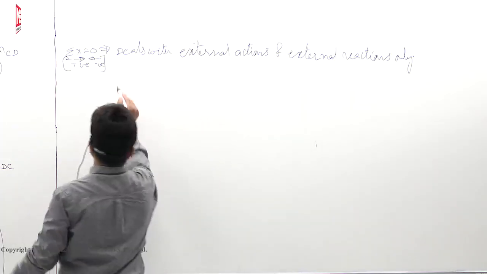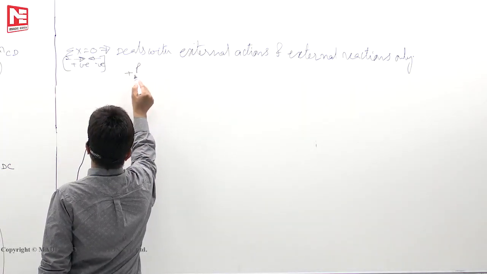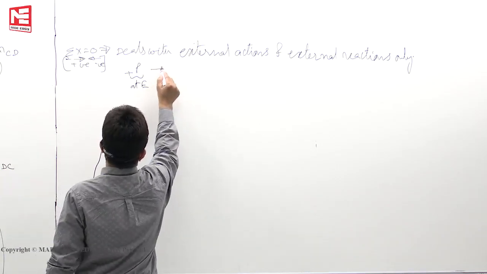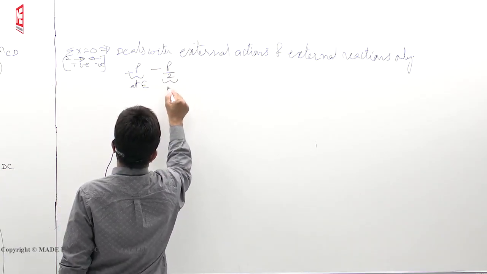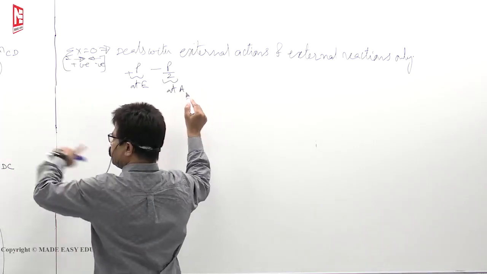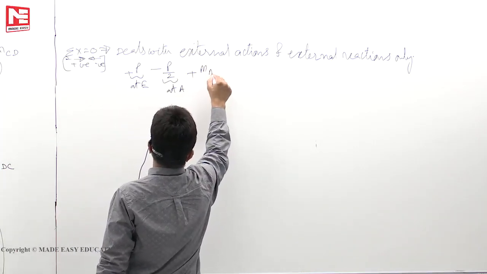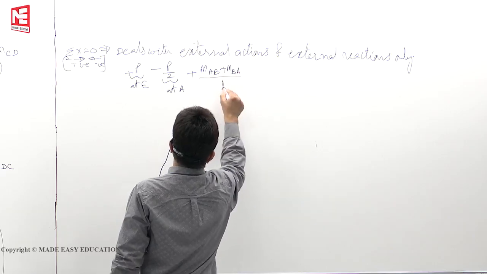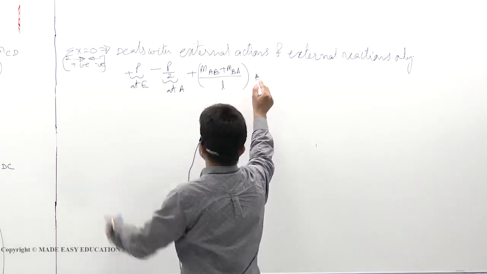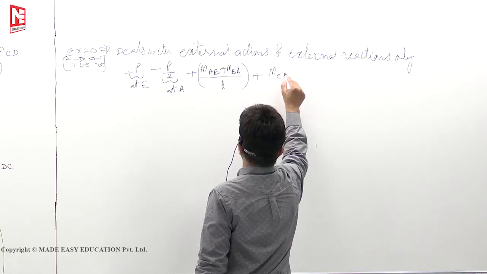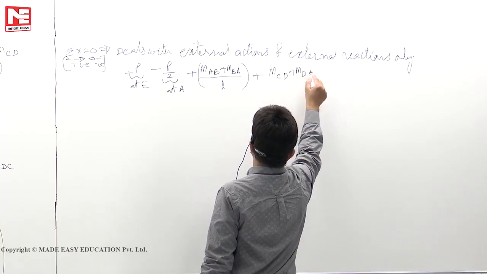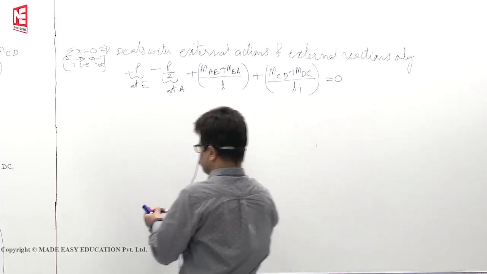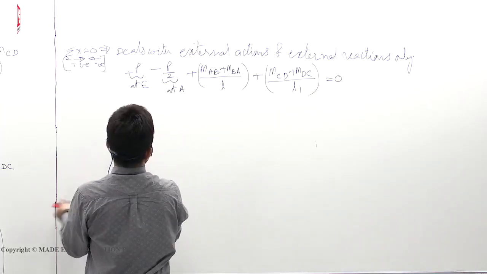So now plus P, this is acting at E. Next minus P by 2 because acting left side, this is at A. Plus acting right side, MAB plus MBA by L. This is also plus MCD plus MDC by L1. This must be 0. Now this is your horizontal shear equation.